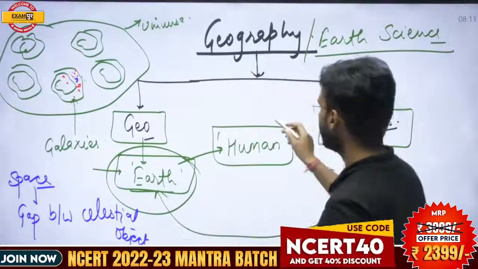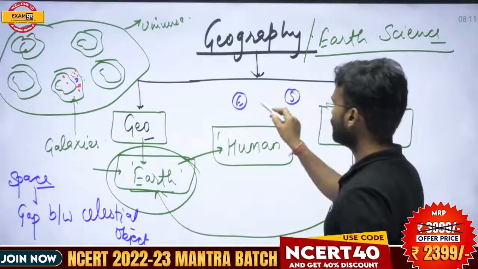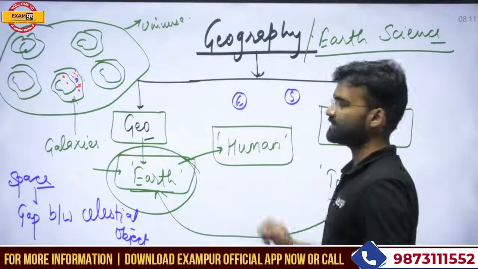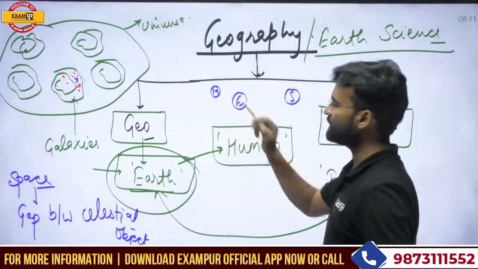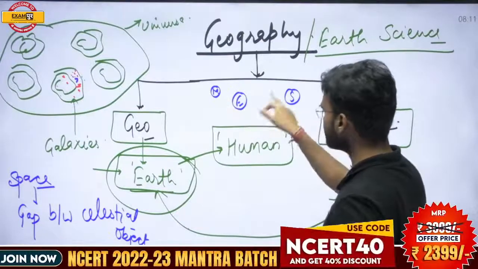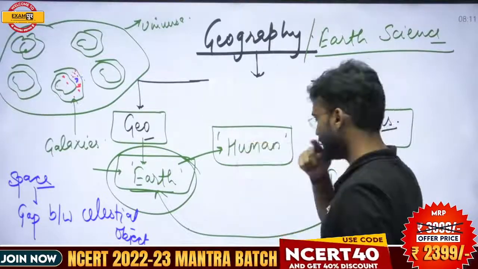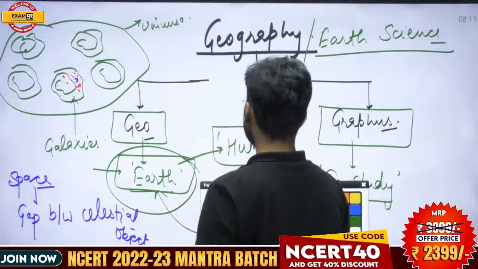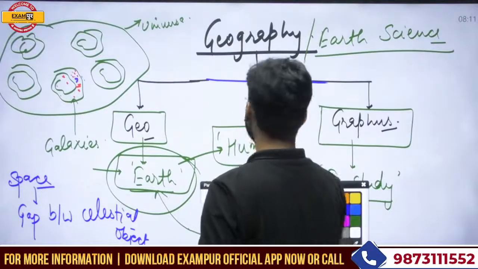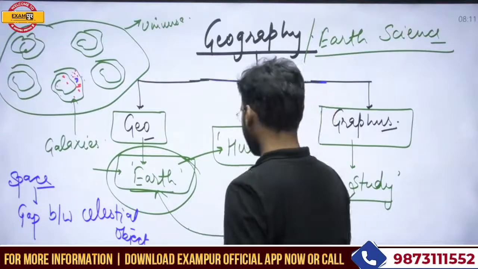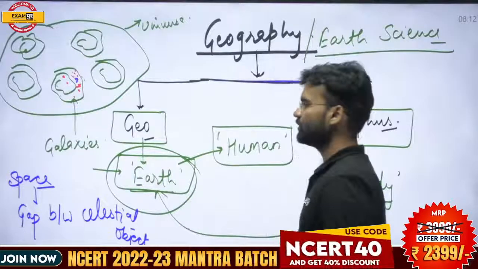If the earth is located here, and this is the sun, the gap between these celestial objects is called space. If here is a moon, the gap between these is space too. And all the things located in the limitless area are called the universe. Okay, so I think it is clear what space is and what the universe is.